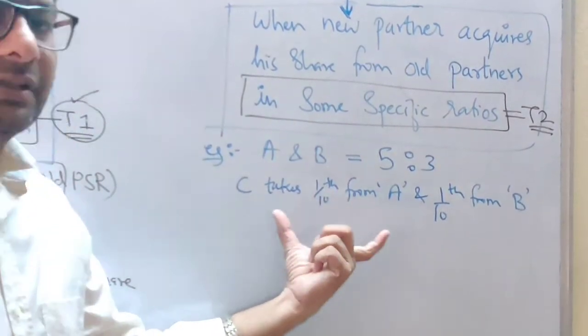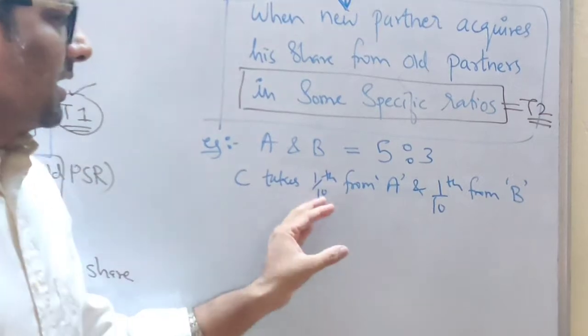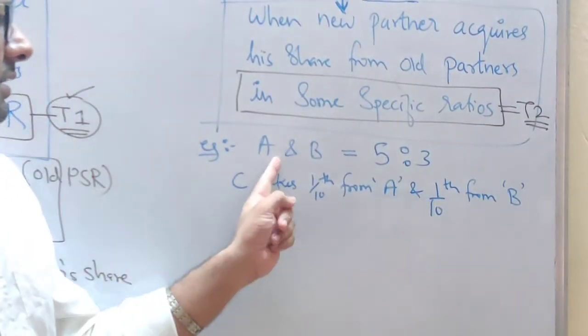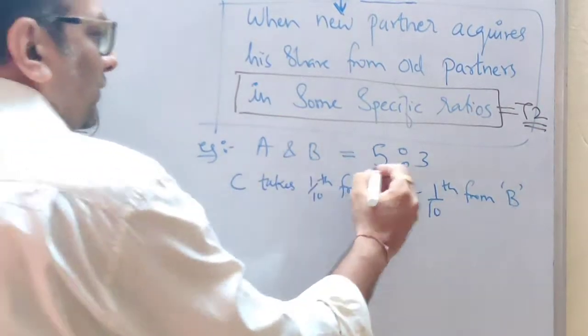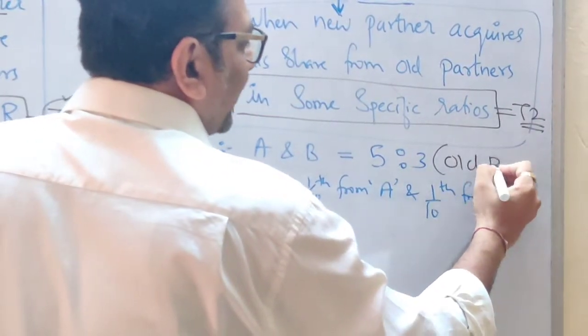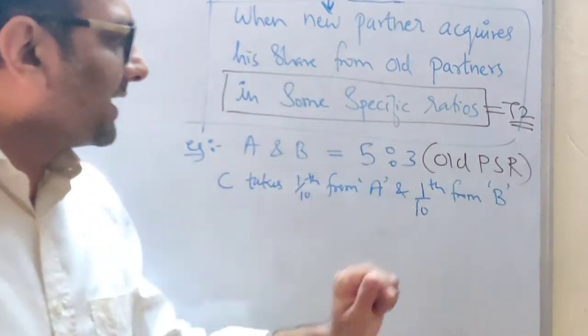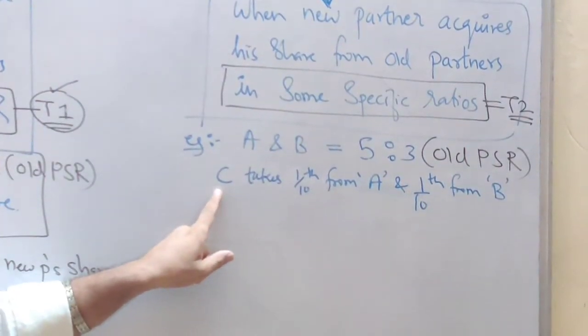See, this is the question. If you see the question given this way, it is type 2. A and B, what is their old ratio given? This is the old PSR given to you, 5:3 is the old PSR. C is a new partner.